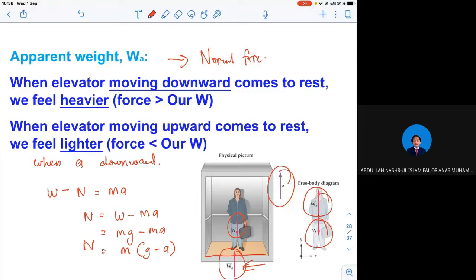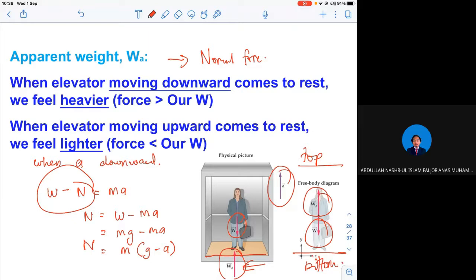How can I know whether to put W in front or at the back? As I said to you, we should consider this. When the acceleration is going upward, which force should reach the top first? Where you have a free body diagram like this, let's say this is the top and this is the bottom part.